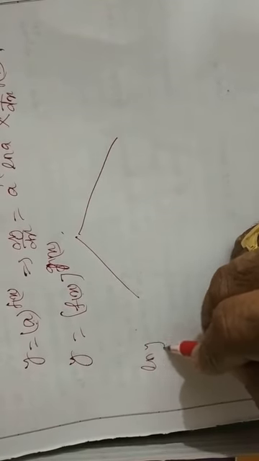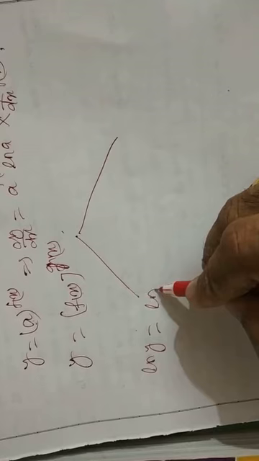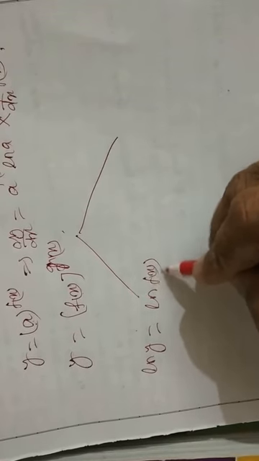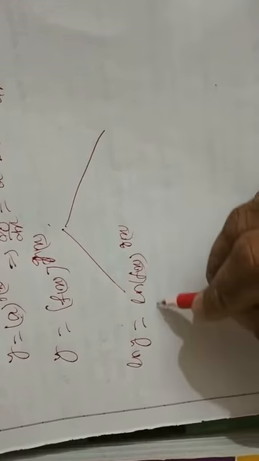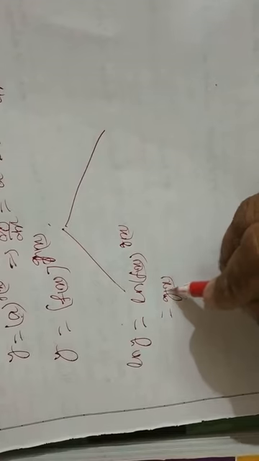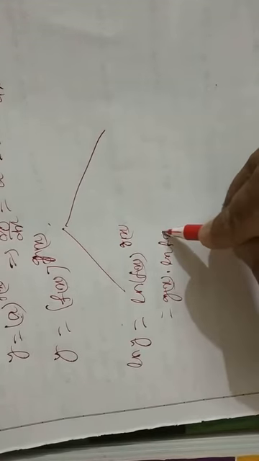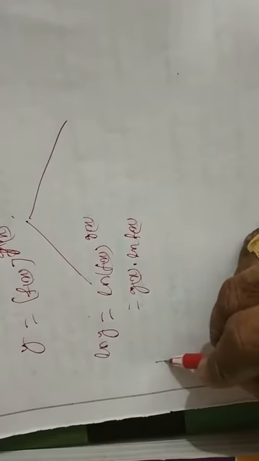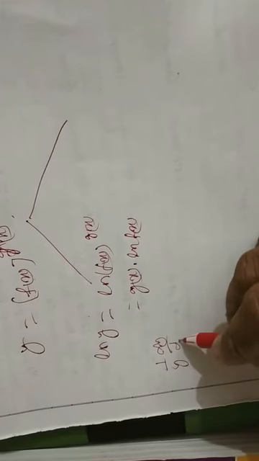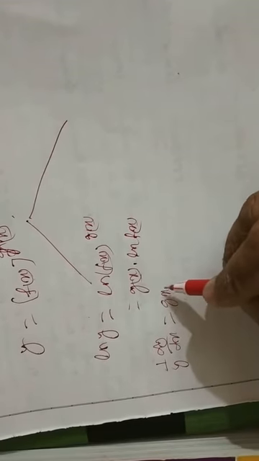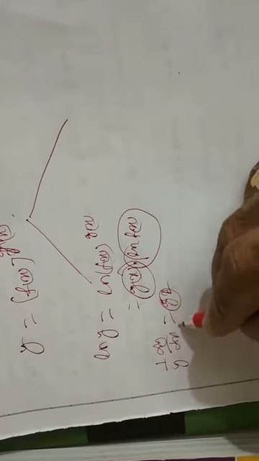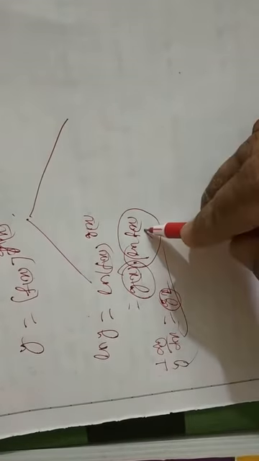So log y becomes log of f(x) power g(x). So I can write this as g(x) into log f(x). Now you do derivative. 1 by y dy by dx is g(x) into log f(x). It is a product. Do differentiation and get it. Then y to the right side, dy by dx you shall get.